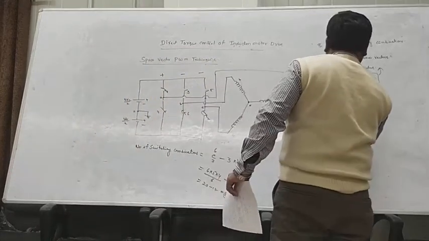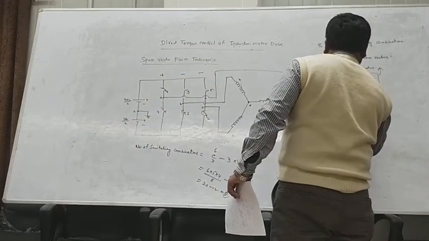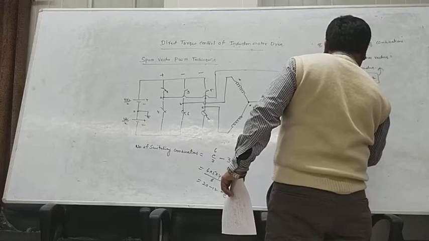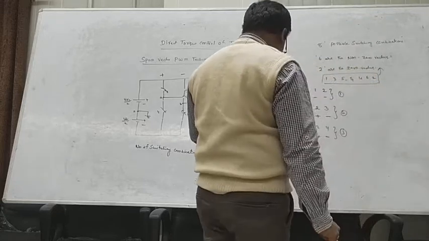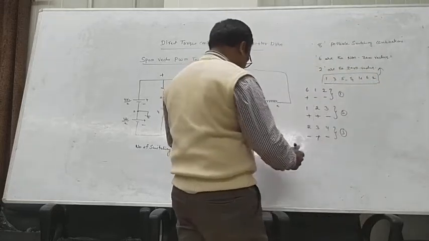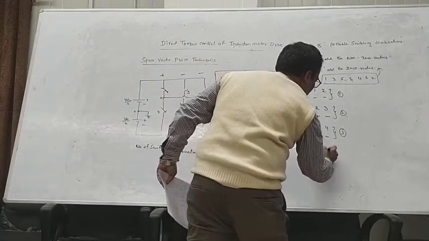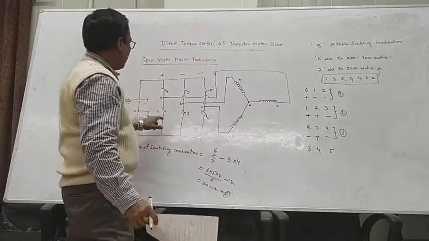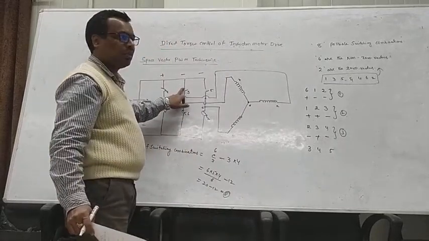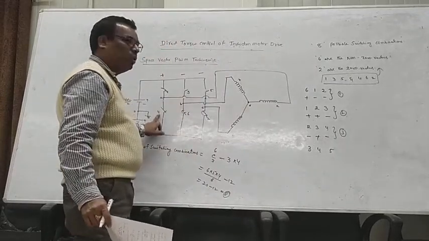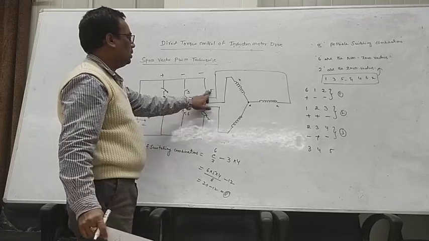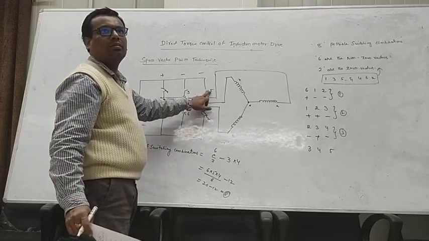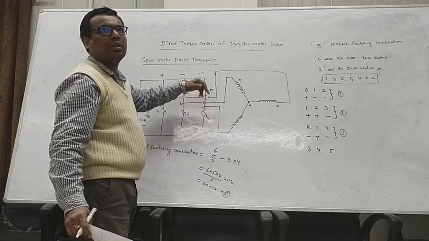So this is the first combination, this is the second combination, this is the third combination, and the fourth combination is 3, 4, 5. 3 is also a positive group, 4 is a bottom group, and 5 is a positive group, the top.